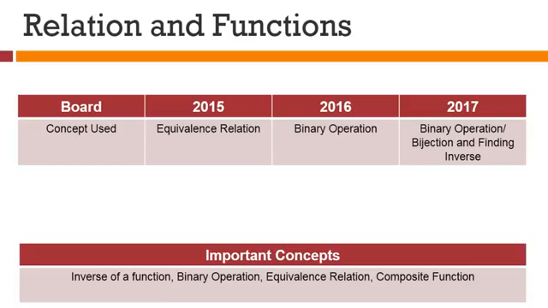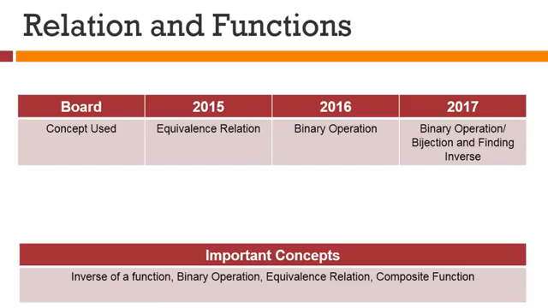And then in 2017 the choice came for bijection also, where you prove whether the given function is a bijection or not, and then find the inverse of that function. So you should be prepared for the inverse of a function. Binary operations is definitely on the cards, and I believe equivalence relation also forms a very important part of this unit, and it can be asked because it has not been asked for the last 2 years. So there is a chance that this concept can also be asked.